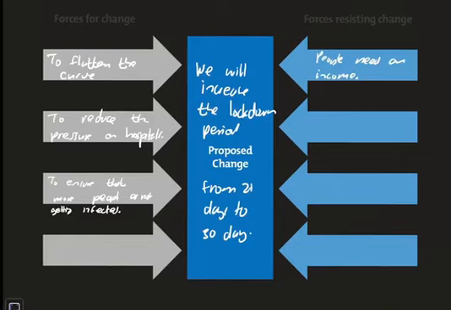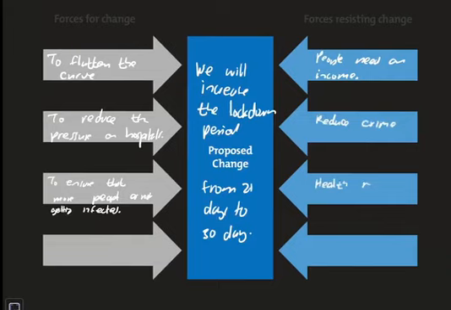And then another reason not to implement the change is because maybe people are becoming frustrated in their homes, and it's not healthy for us to be locked down in our houses all the time. So maybe the health reasons or mental health reasons. Okay, so there we have some reasons why we should increase the lockdown and why we shouldn't.